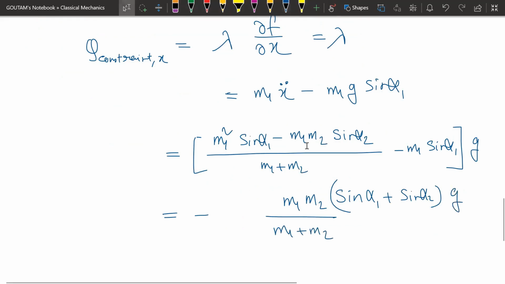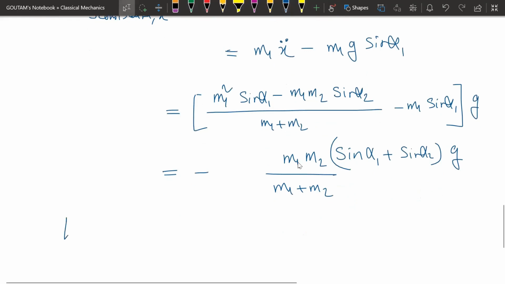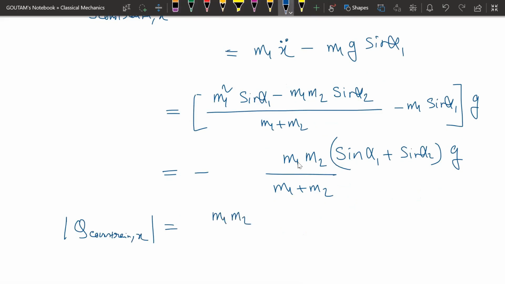So the magnitude of the constraint force is m1 m2 by (m1 plus m2) times g times (sine alpha 1 plus sine alpha 2).